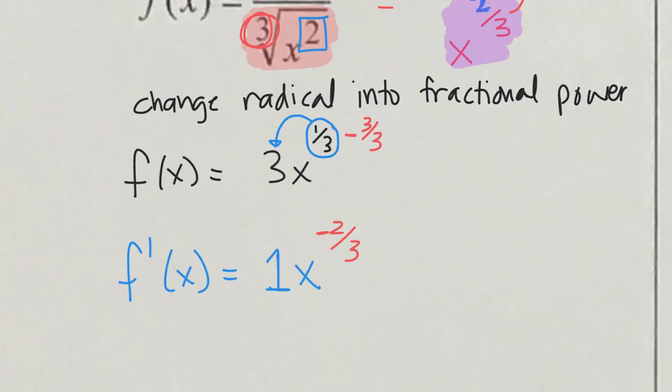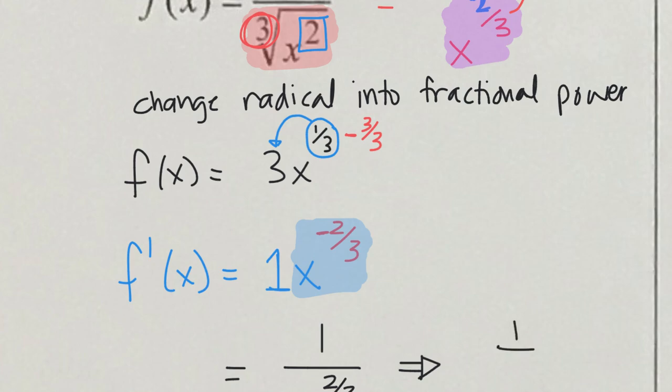Okay, so my final step is to once again deal with our negative exponent, and we do that by putting it into the denominator. So 1 over x to the positive 2/3. And our last step is to rewrite it as a radical.